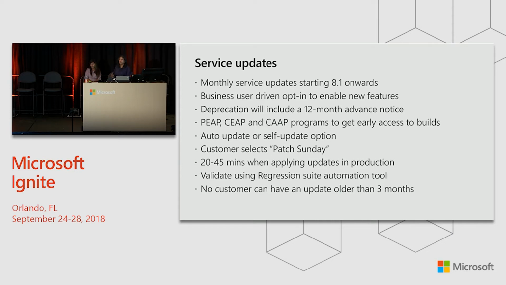We will make them opt-in, and business users will be able to enable the new features. Any deprecation that we do will include a 12-month advance notice. So we will announce the deprecation, and only 12 months later will you see that API or anything like that go away. So we will be very systematic about these kinds of updates in general.